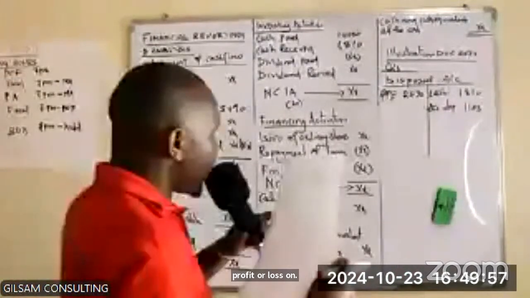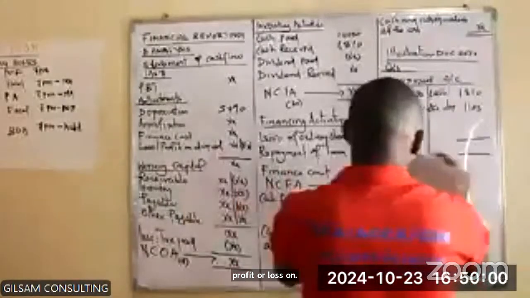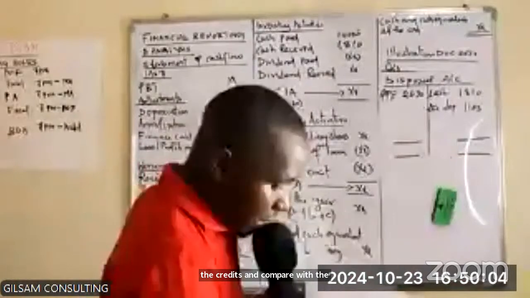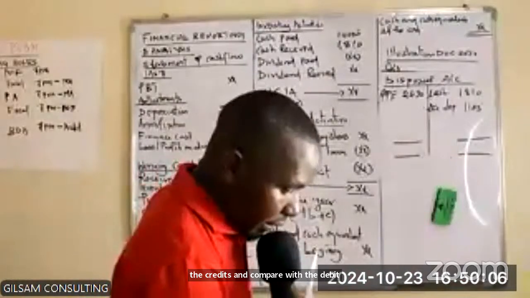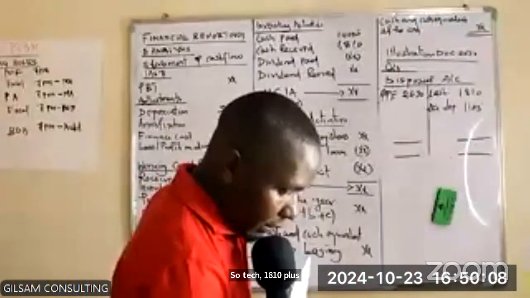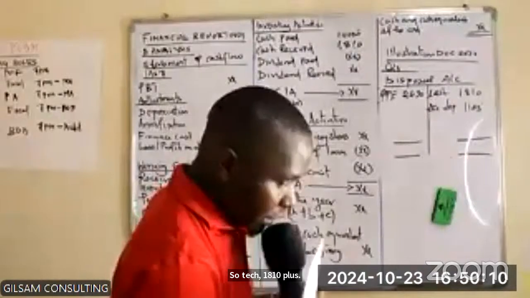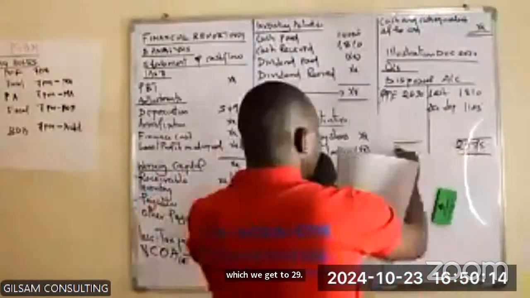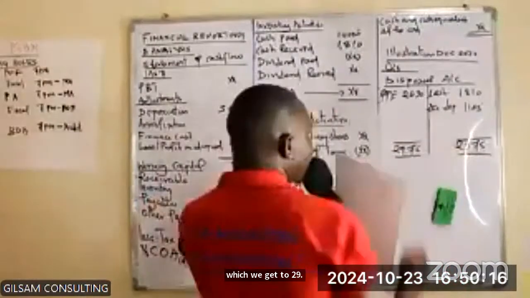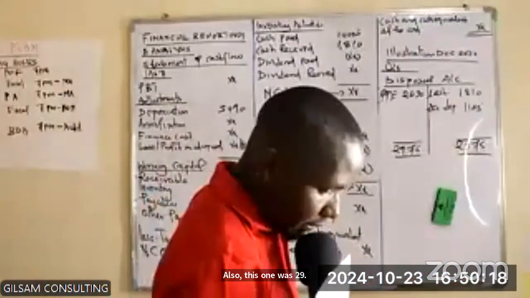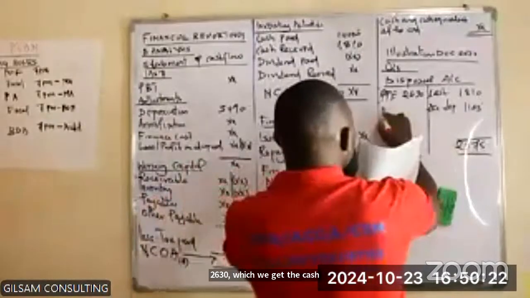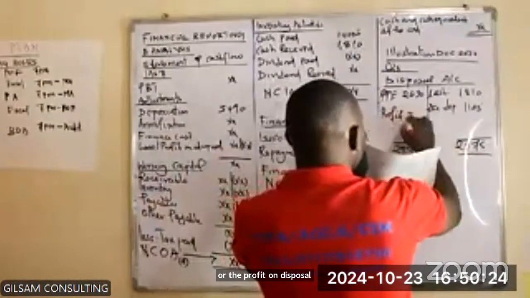Let's get the total of our credit and compare with the debit. So we will take 1810 plus 1165, which we get 2975. Subtract 2630, which we get the profit on disposal of 345.